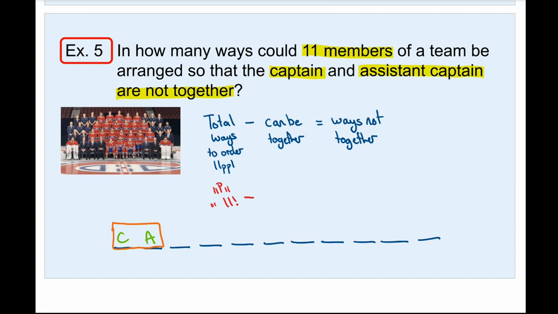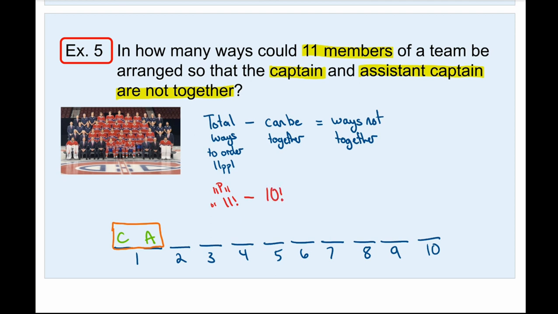So if I go back and count, 1, 2, 3, 4, 5, 6, 7, 8, 9, 10, I now have 10 groups, or 10 objects that I'm trying to arrange, because the captain and the assistant captain count as one group when they have to be beside each other.